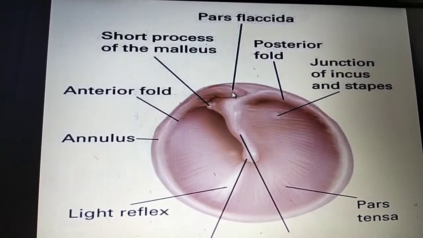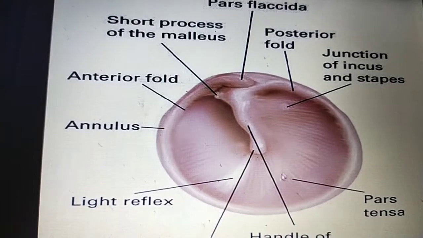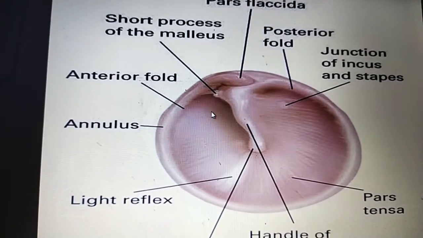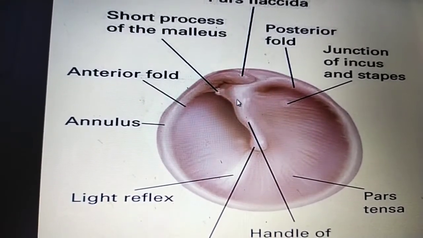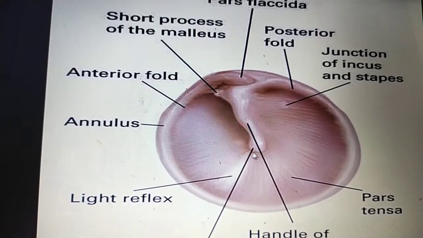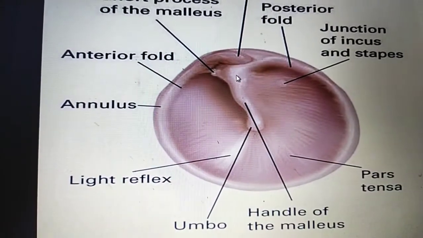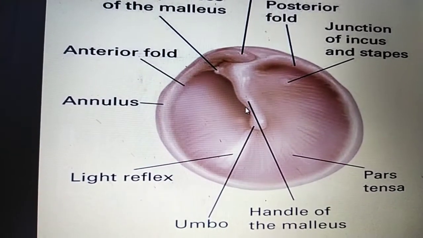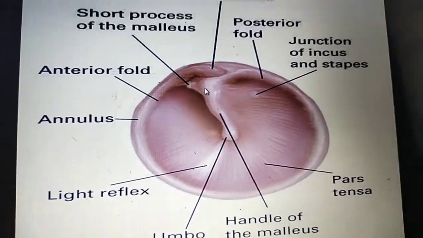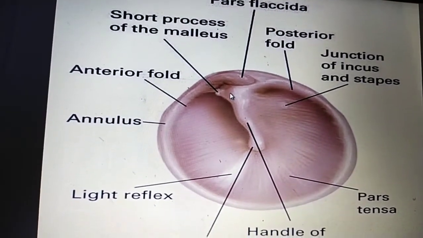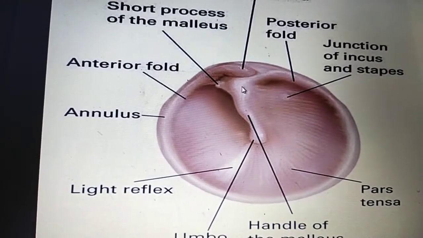This is the pars flaccida, the most membranous part, and this is the pars tensa. This is the malleus bone, covered by this membrane, and here is the handle of the malleus, and this is the lateral process, the short process of the malleus. These have two folds: one is the anterior fold, the other is the posterior fold.